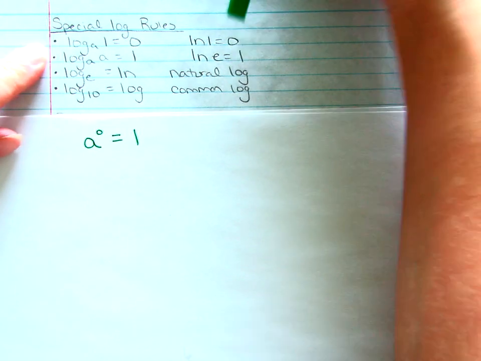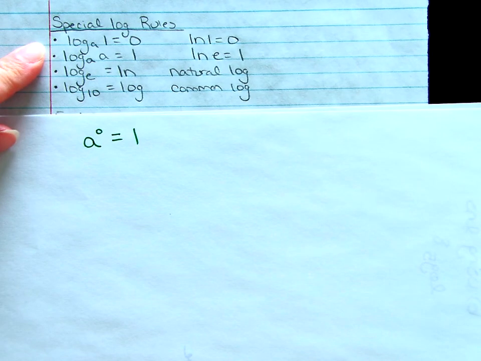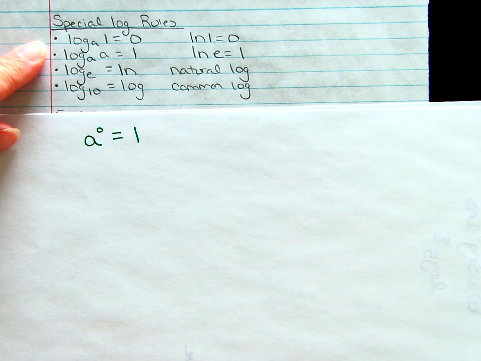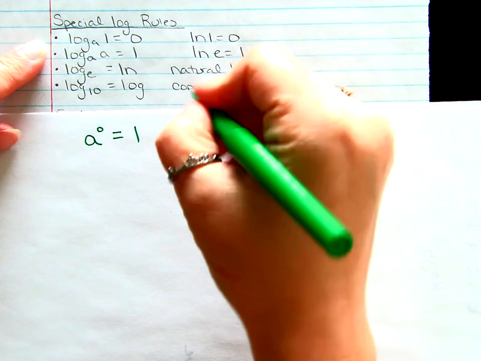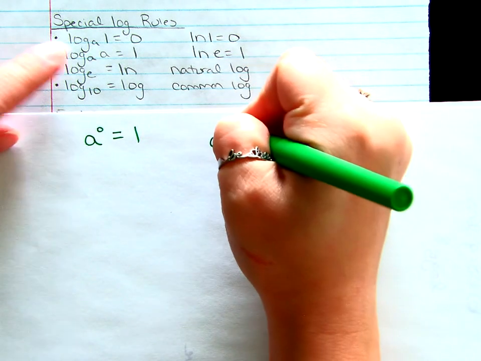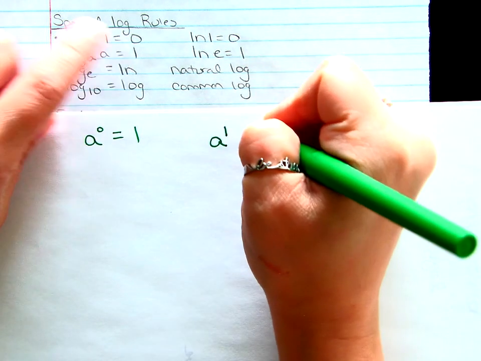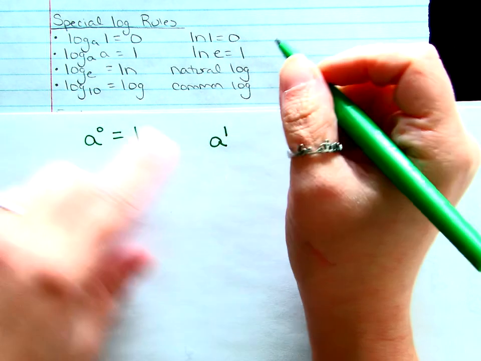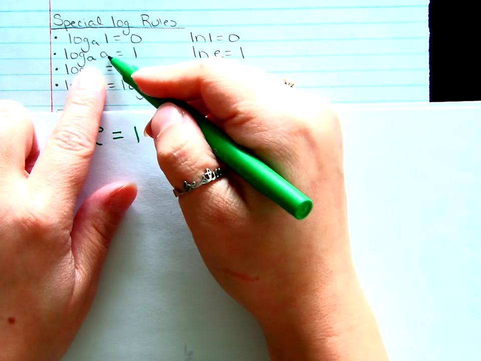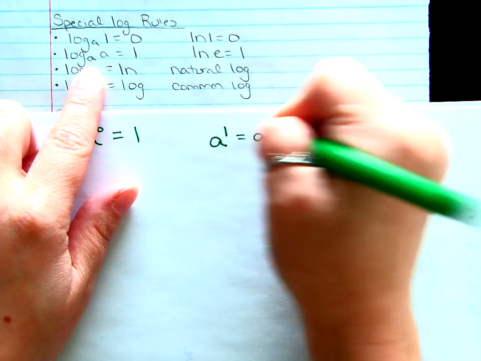The next rule is log base A of A equals 1. Again, this is more noticeable as to why if you convert it over to your exponential, because your base becomes the base and your answer becomes your exponent. Anything to the first power is going to stay the same. So if you have the base the same as what you're taking the log of, you always get the same thing out over here.